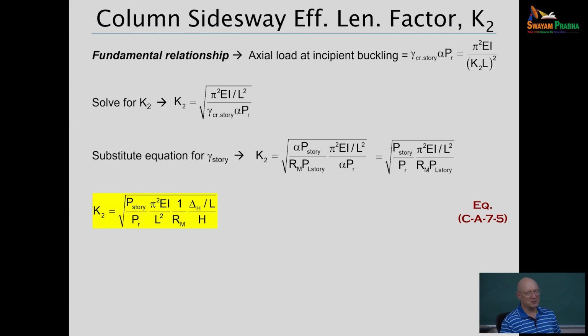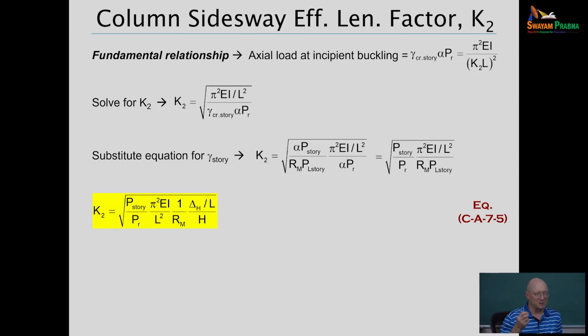Now, this derivation has its limitations, and we'll explore those a little bit with one of the frames tomorrow. You can have a situation where you start having a light column that's getting a small effective length factor.